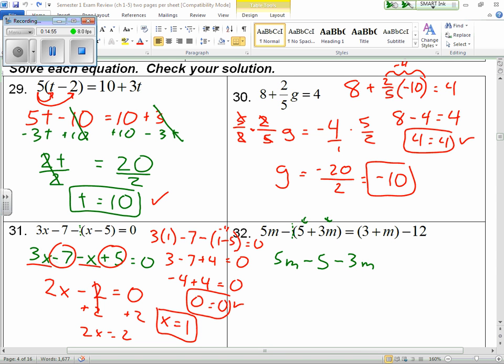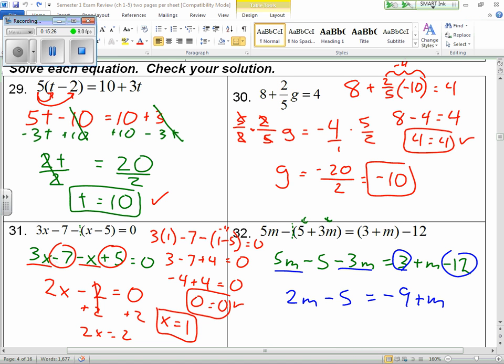Over here, there's nothing in front of the parentheses to distribute through, so I can just drop the parentheses. And I collect my like terms. These are alike. That gives me 2m minus 5. Over here, I can collect my 3 and my negative 12 together, and that'll give me negative 9 plus m.